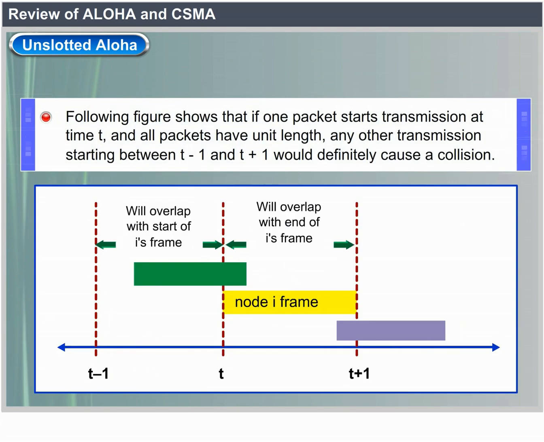The following figure shows that if one packet starts transmission at time t and all packets have unit length, then any other transmission starting between t-1 and t+1 will cause a collision.